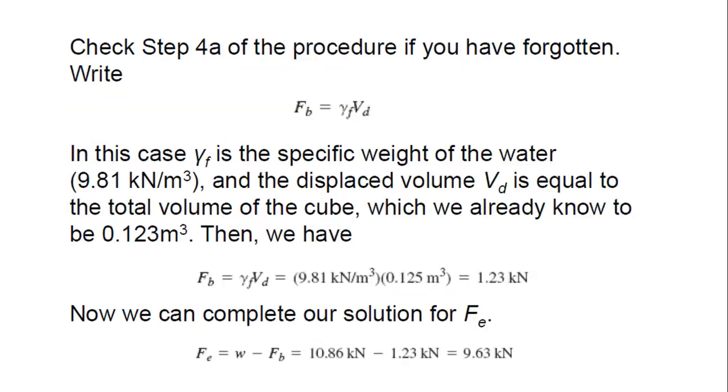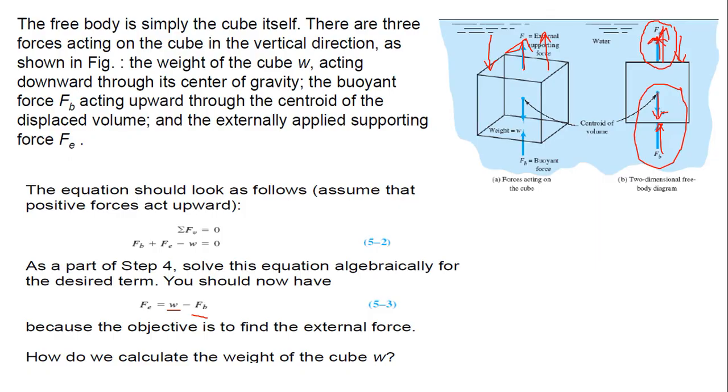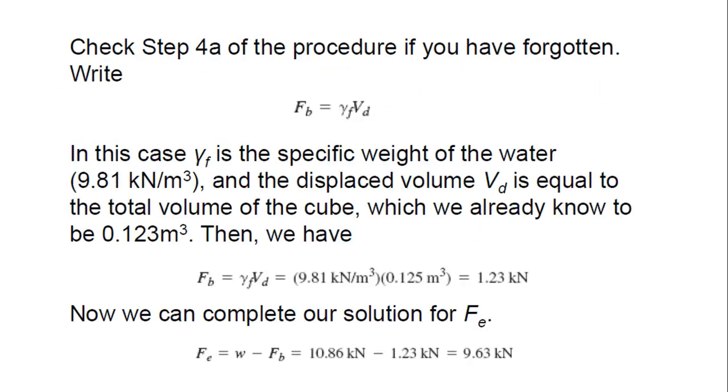FB equals the specific weight of the fluid times the volume of the displaced fluid. As we said earlier, Archimedes' principle says it equals the weight of the fluid we displace. So we have 9.81 times 0.125, and 0.125 is the volume. That gives you 1.23 kilonewton for your FB, the buoyant force acting upwards.